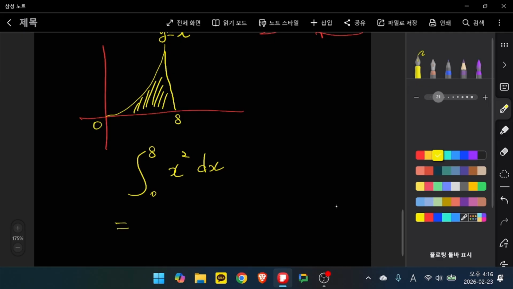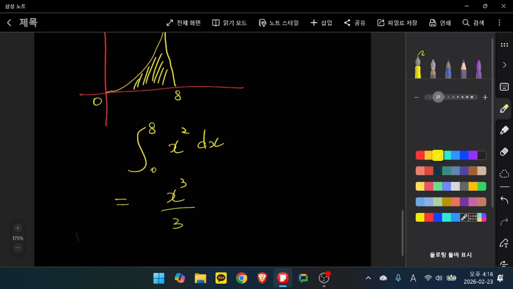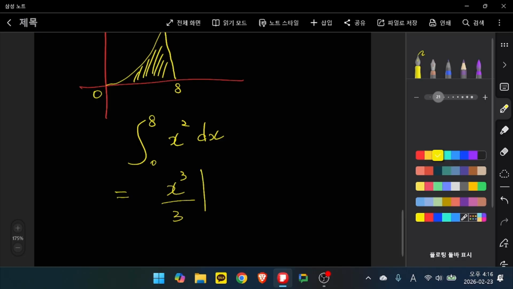So the antiderivative of x squared is x cubed over 3 from 0 to 8. So this will be 8 cubed.